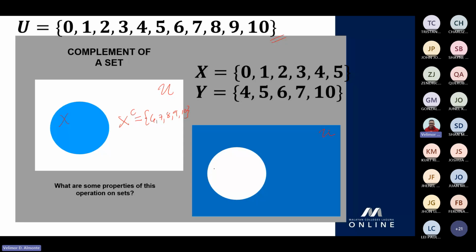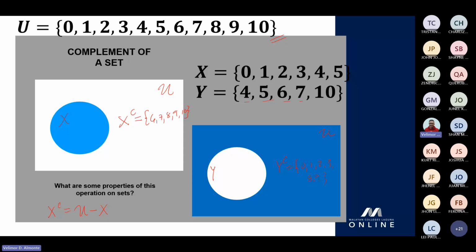Say this is Y. Y complement is the set containing 0, 1, 2, 3. So 4, 5, 6, 7 are included in Y. 8, 9 are not, so they are part of the complement. So the X complement is the universal set minus X. That's set difference.